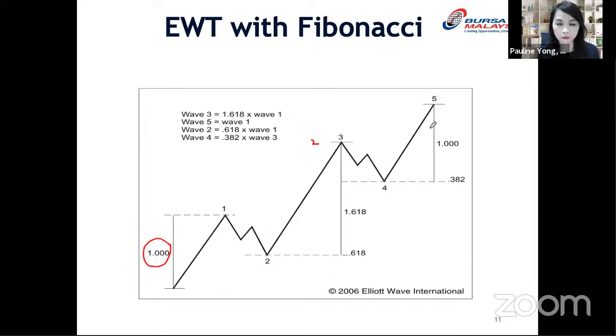And then in the real cases, later we will see a lot of variation at wave number 5 here. Sometimes you can even terminate it early, which means you don't have wave number 5. Sometimes wave number 5 is extended, even higher than wave number 3. So there is a lot of variation here.